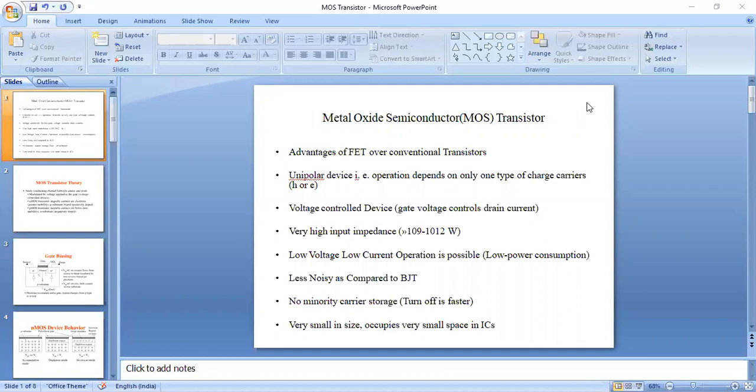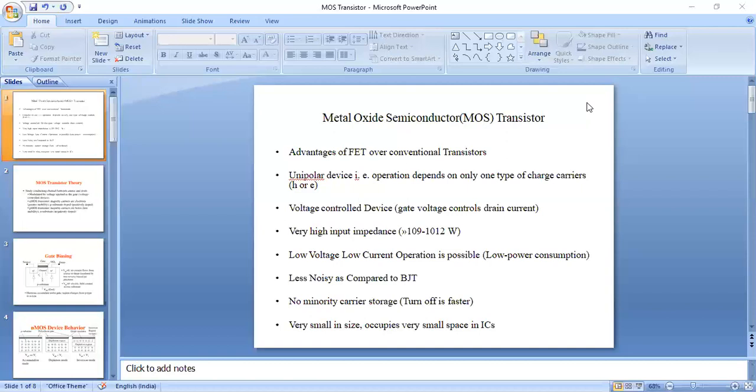Whereas with the MOSFET, the power consumption is comparatively very low. It is lower than the BJT operating voltage of 0.7, which is the barrier potential of a semiconductor device. So these MOS devices always offer low power consumption, so low voltage, low current operation is possible here.